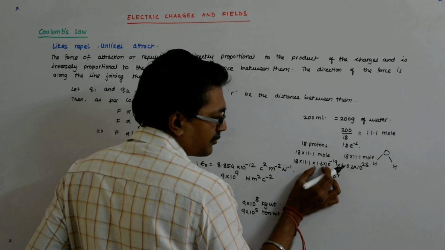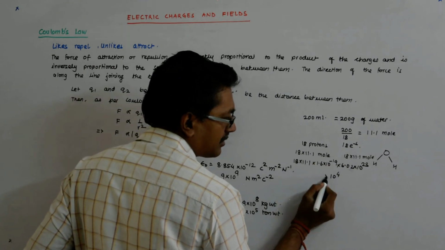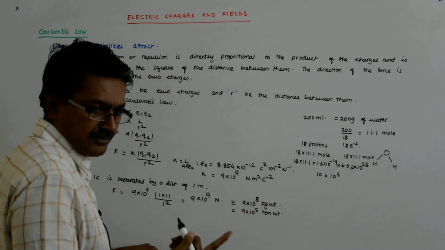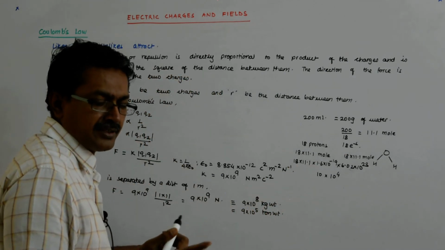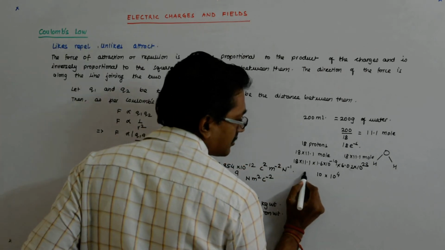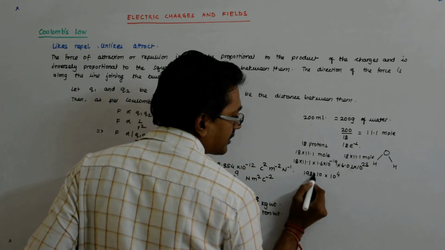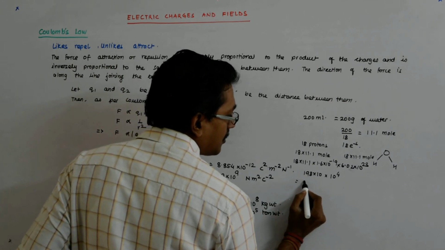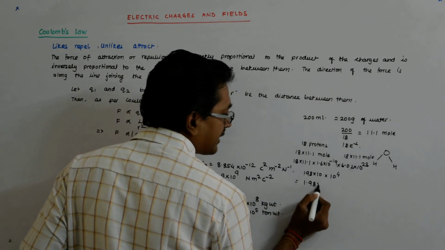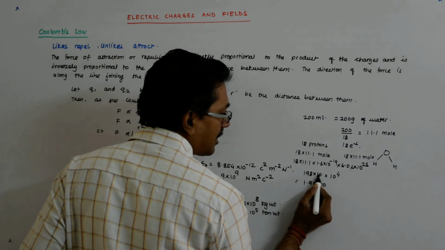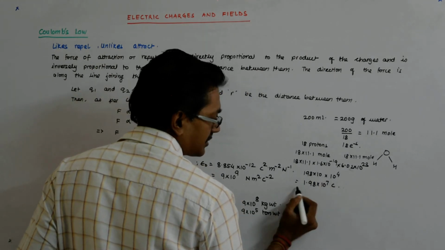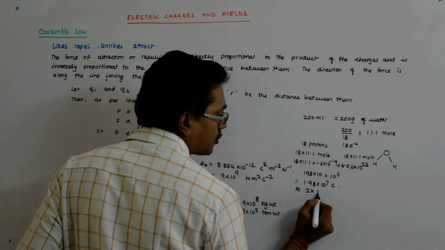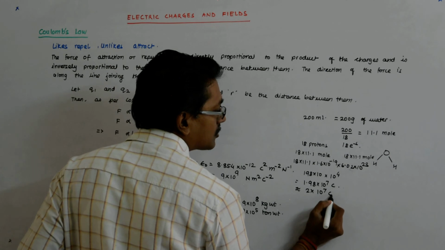This I take as 9.6, but let us take it as 10, okay? And instead of 11.1 I take 11, so it is 198. So 198 into this makes it 1.98 into 10 to the power 7 coulombs, which is approximately 2 into 10 to the power 7 coulombs.